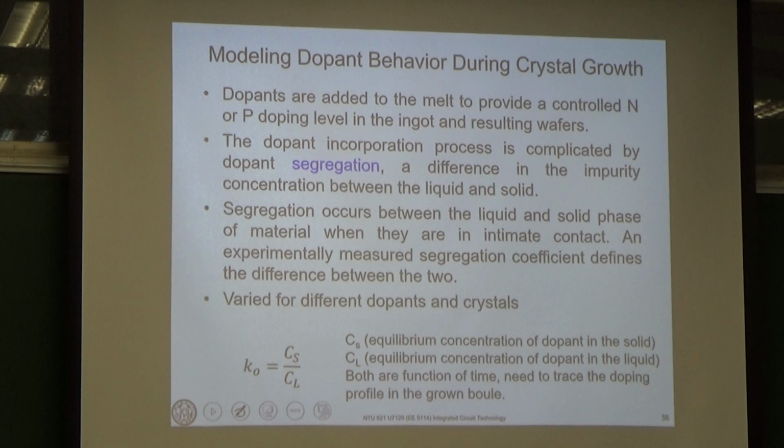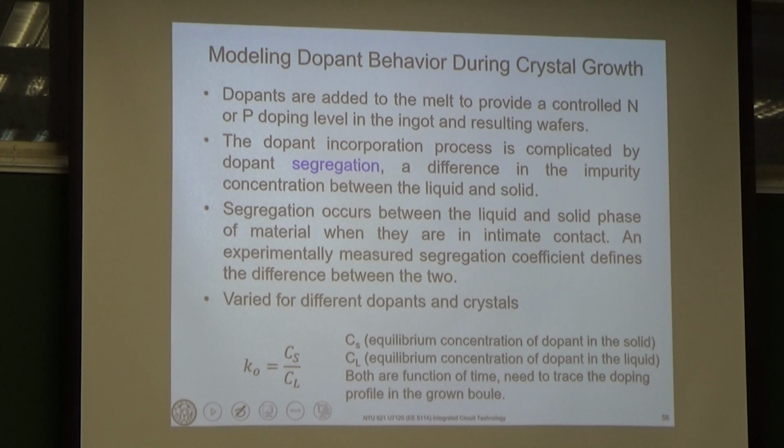Okay. So here we try to use segregation behavior to model the FZ growth method. Those impurities or dopants, we can add into the melted silicon to provide N or P doping.